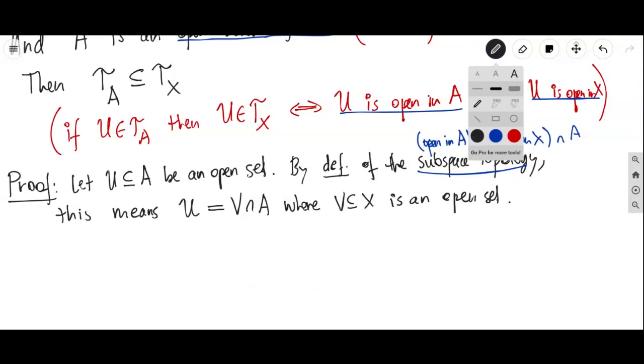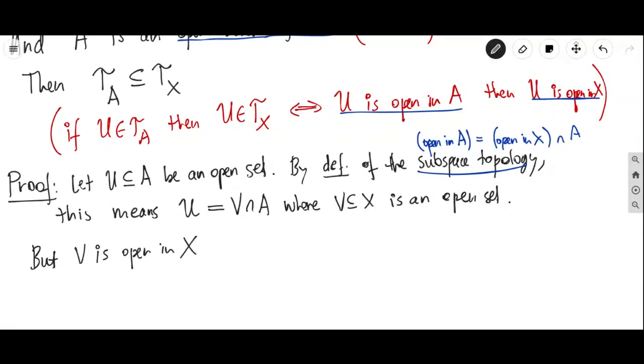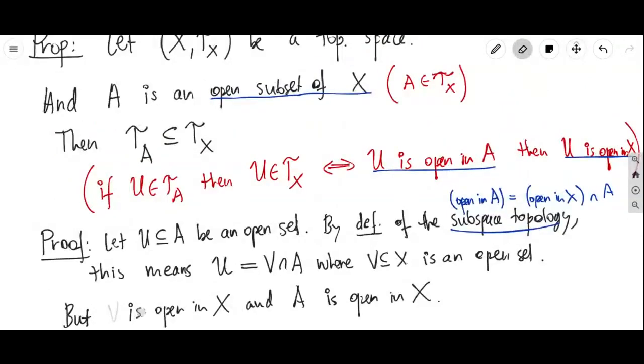But V is open in X, and A is open in X. So why is that? Well, that's what we're assuming, right? V is open in X. That's just a part of the subspace topology.